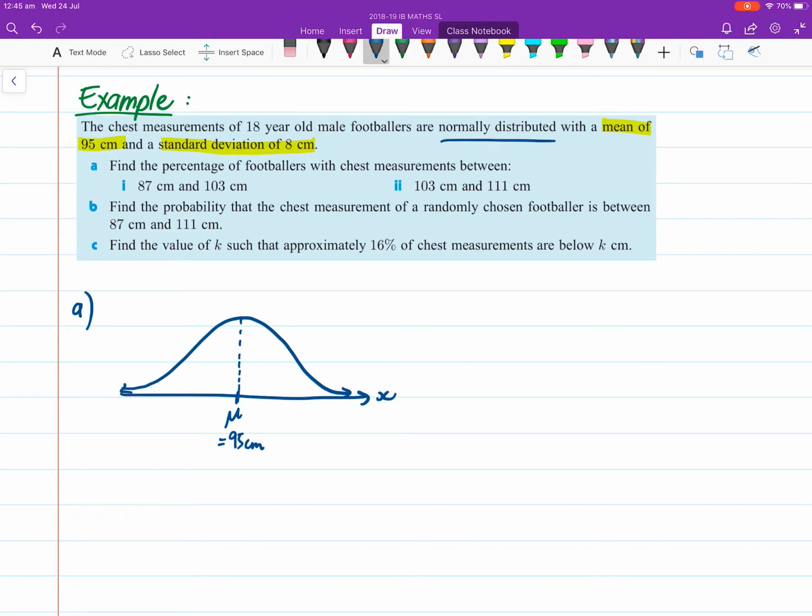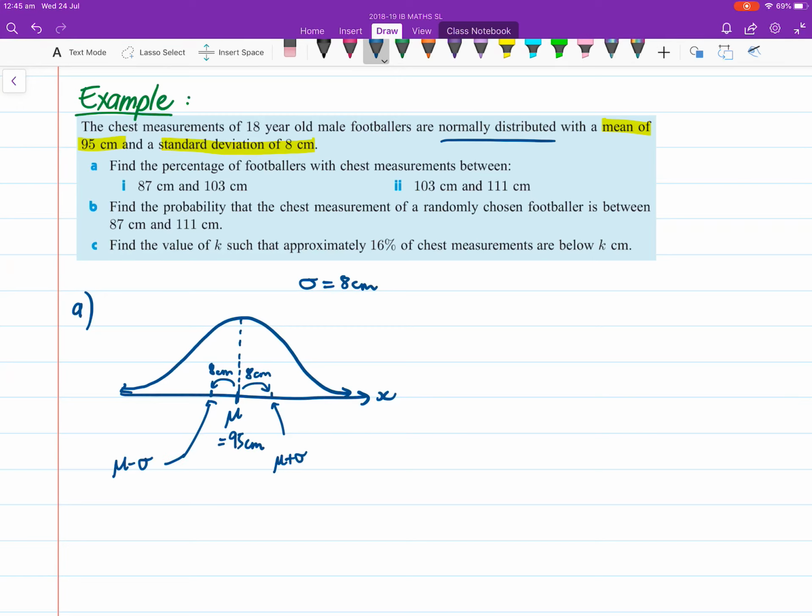Now it says standard deviation is 8 centimeters, so that's sigma. Sigma is 8 centimeters. So that means 1 sigma more or less than mu. This is an 8 centimeter increase or an 8 centimeter decrease, mu plus sigma and mu minus sigma.